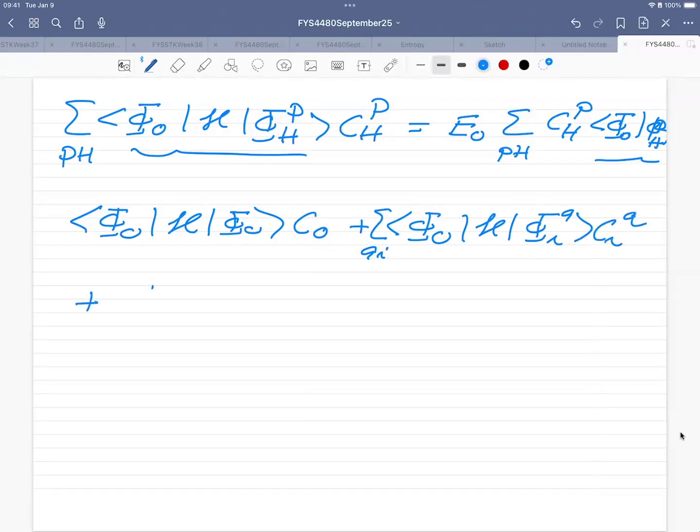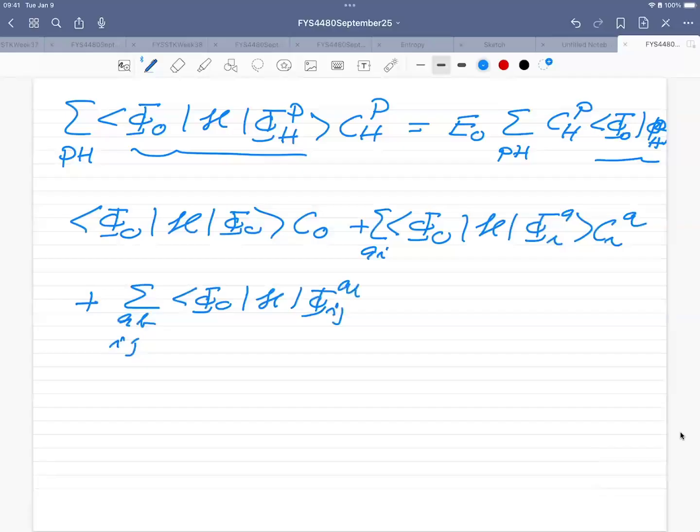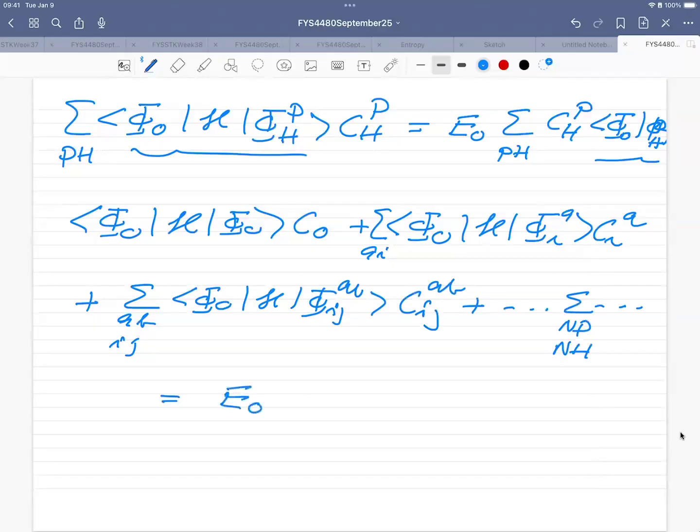We have plus, and then we have AB, IJ, and then phi 0 of H, and then we have phi IJ of AB, and then I have a CIJ of AB, and this continues all the way up to n particle n hole. So I'm going to have n particle n hole excitations, and I just write this in a little bit sloppy way here. And this is equal to E0 times C0.